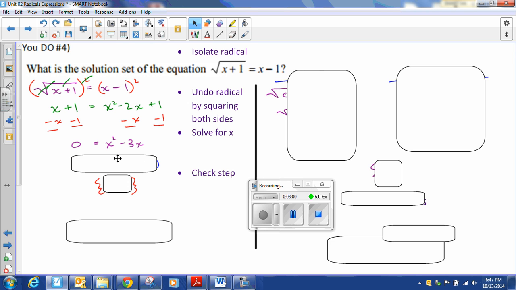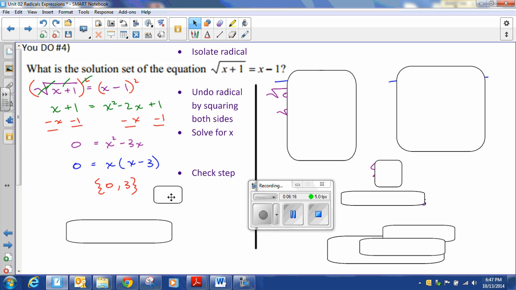As you can see, we can factor out x. The greatest common factor of both of these terms is x. We factor it out, we end up with x times x minus 3. And therefore, the two possible solutions are 0 and positive 3.